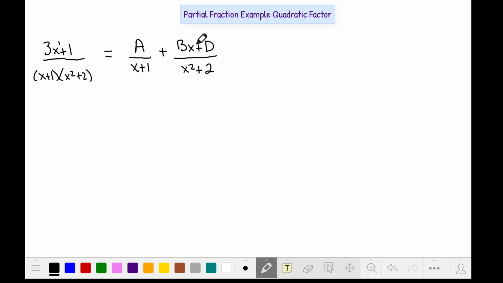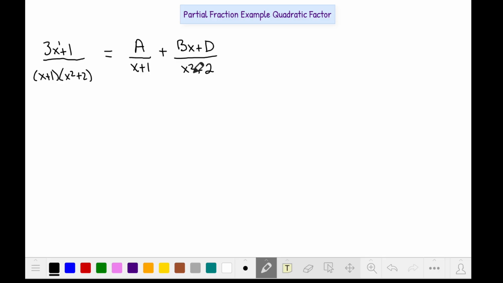All right, so the reason I used d instead of c is because sometimes when you're using a capital C as a variable, it can kind of look like a parentheses, and I just wanted to avoid confusion, so I skipped the letter C, went straight to d, but I want to make it very clear. The reason that the top one is bx plus d is because the bottom one is of a power 2.